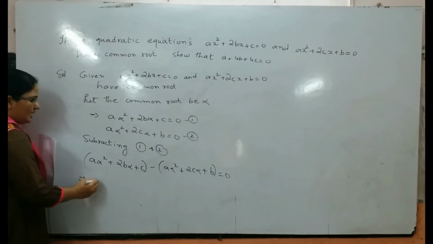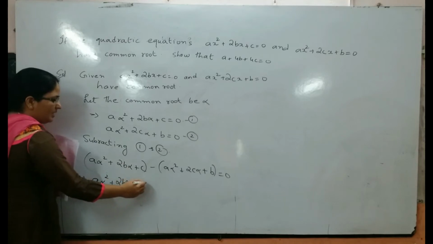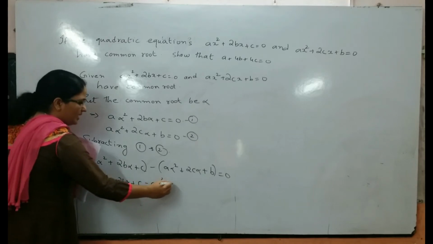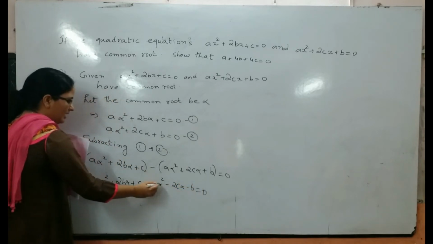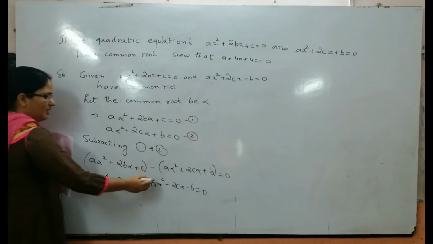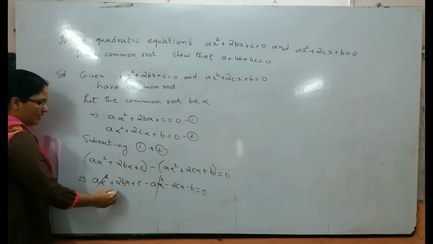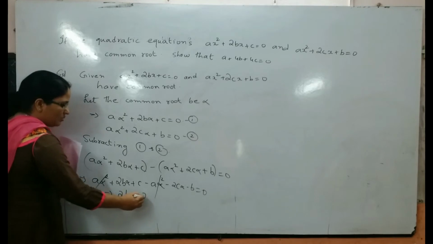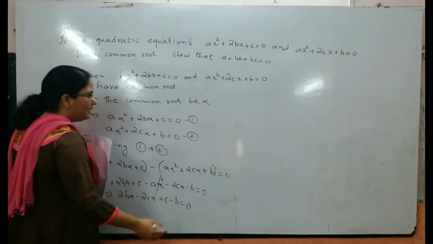This implies a alpha square plus 2b alpha plus c minus a alpha square minus 2c alpha minus b is equal to 0. Here a alpha square minus a alpha square gets cancelled. So you have 2b alpha minus 2c alpha plus c minus b is equal to 0.